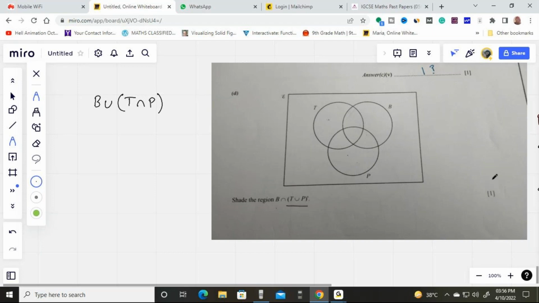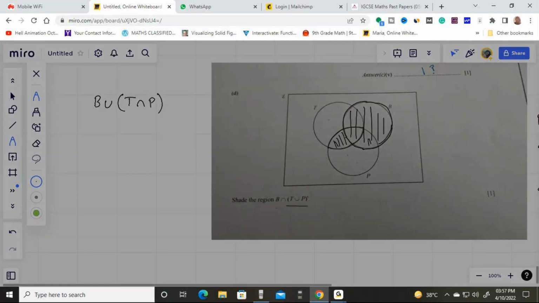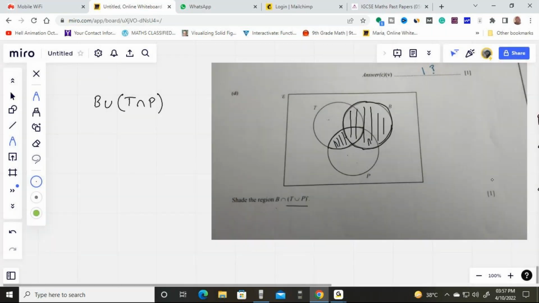Now find your T intersection P, which is this, and you are including your full B, the region I have just highlighted with black. You need to shade this full B and shade this. Yeah, I got it.